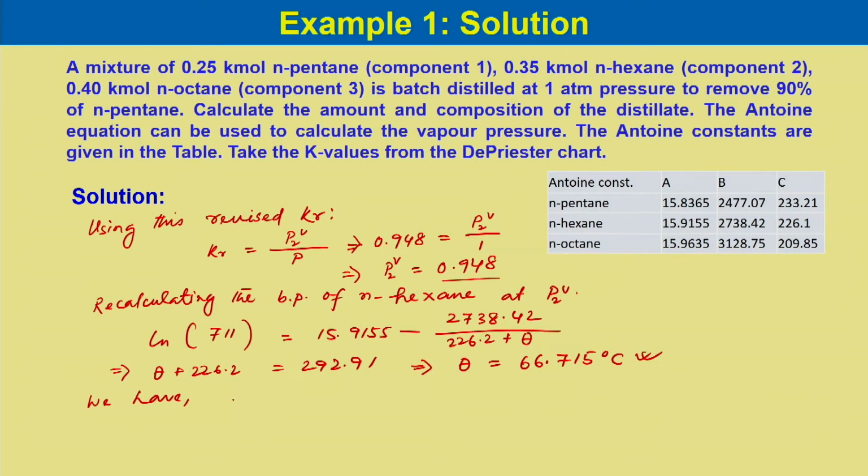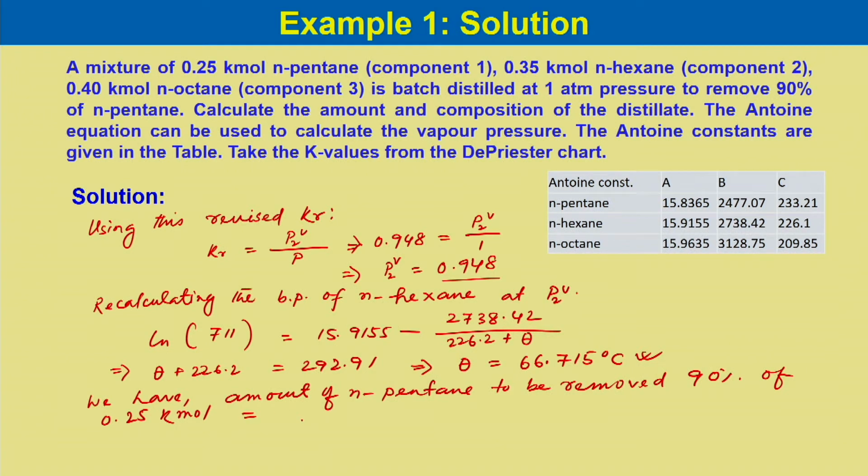We have the amount of N-pentane to be removed, 90% of 0.25 kilomole, which was in the feed. So, this would be 0.225 kilomole.